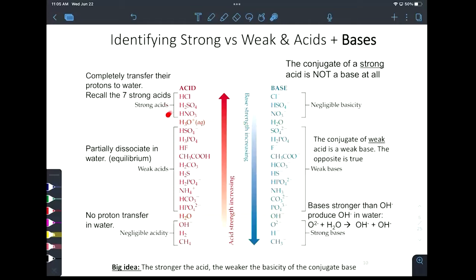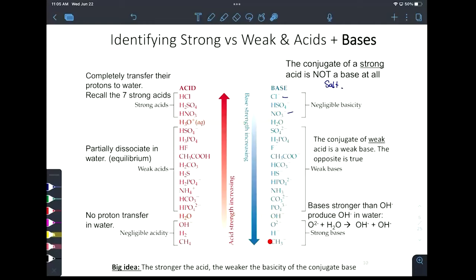So the idea here is when a strong acid donates a proton, its conjugate base is nothing. It's just a salt, like chloride, nitrate. Versus we go so far down in our acid strength that none of these substances are acidic, but once they lose a proton, they become super basic.